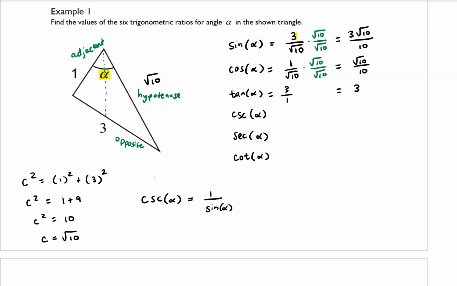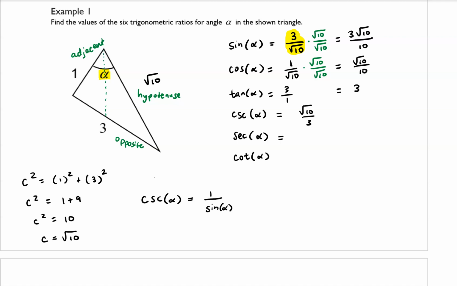Now, I like to take the reciprocal of the original thing that we found, because if we take the reciprocal of the final product, then we're going to end up with a square root in the denominator, and we'd have to rationalize again, which you could totally do. It's just going to end up being more work on your part. So the original thing that we got for sine, if we take the reciprocal of that, that is going to be root 10 over 3, and we're done for cosecant.